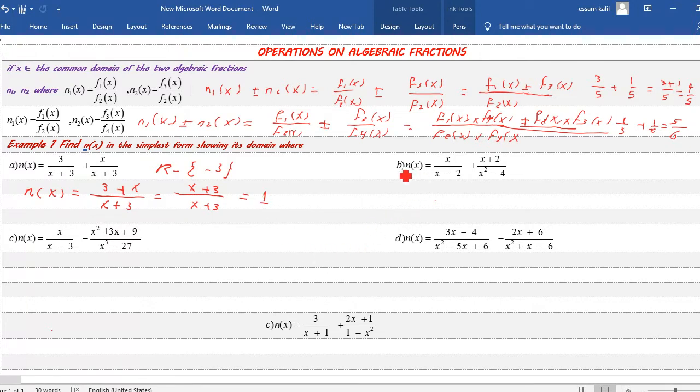Letter B, n of x equals x over x minus 2 plus x plus 2 over x power 2 minus 1.